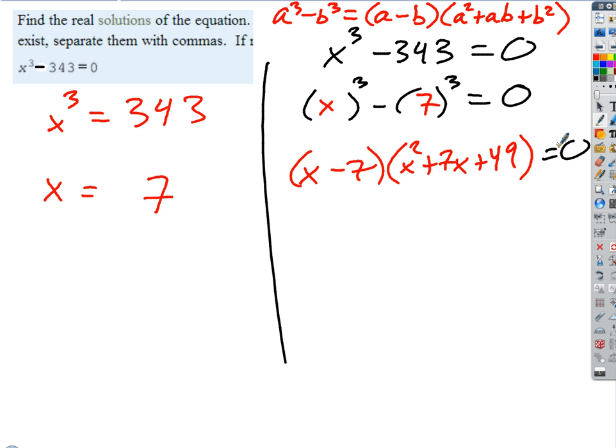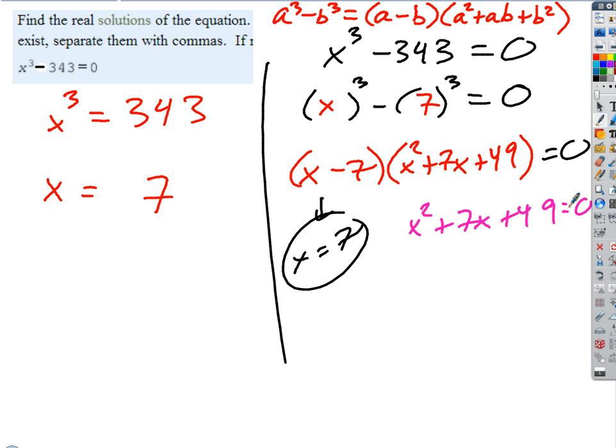So if I were to use the zero product property here, when I set this one equal to 0, I'm going to get back the answer x equals 7. There's my 7. Now remember what we said about this one earlier. This one is never going to give us any real zeros. I could set this equal to 0, and I could use the quadratic formula to solve this.